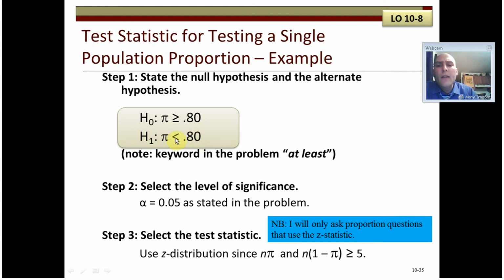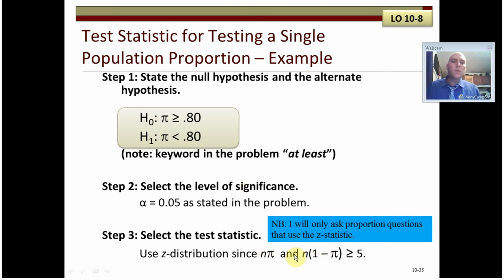If you flip these around and say pi greater than 80 for the research hypothesis, pi less than or equal to 80% for the null hypothesis, that second one, the one that's not listed here, is do you win by a landslide, or, mutually exclusive and exhaustive, do you potentially win or lose? Win or lose versus win by a landslide, as opposed to here, which says in danger of losing or probably going to win. The alpha level is 0.05 as stated in the problem, and we use the z distribution here.